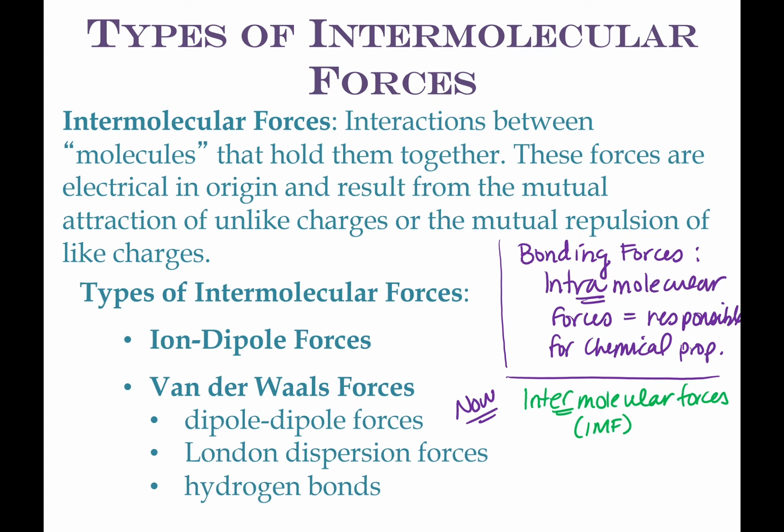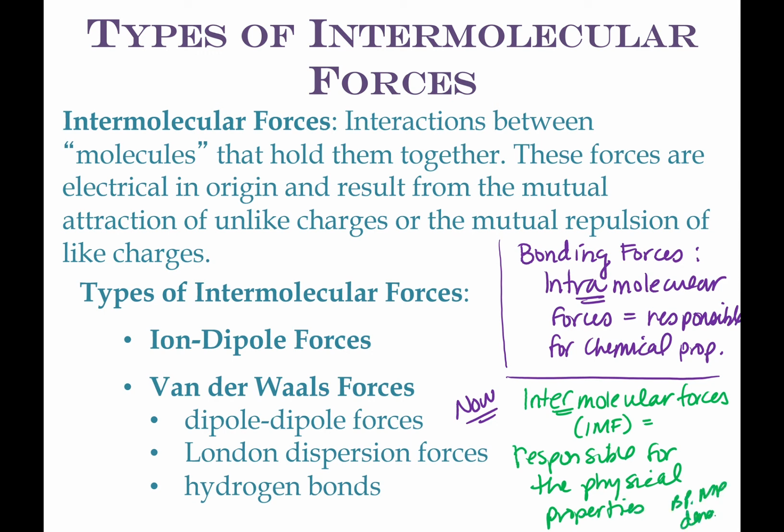So intermolecular forces are responsible for the physical properties. Boiling point, melting point, density. And they are all going to be determined by these three different types of intermolecular forces. We do have a fourth type of intermolecular force called ion dipole forces.